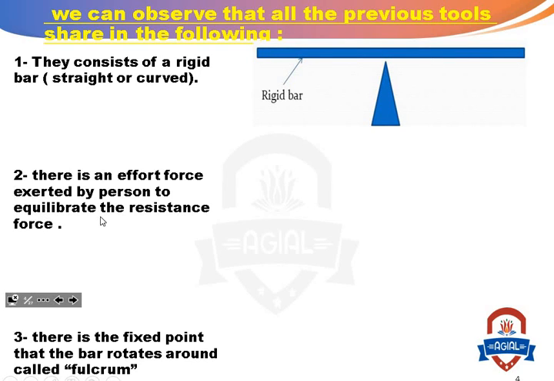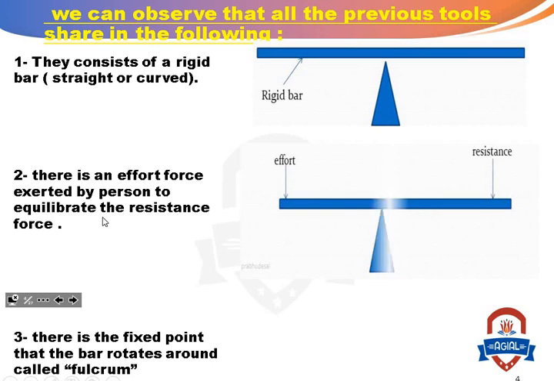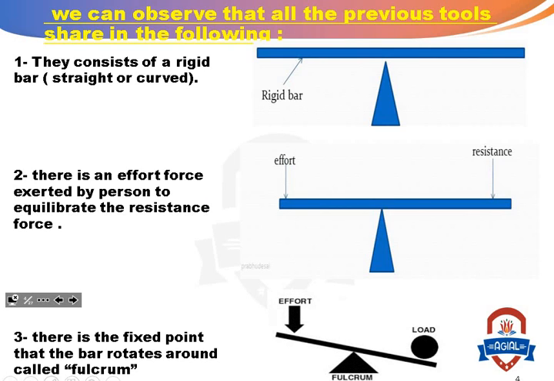Number 2, there is an effort force exerted by a person to equilibrate the resistance force. Number 3, there is a fixed point that the bar rotates around, called the fulcrum. So the fixed point is called the fulcrum.